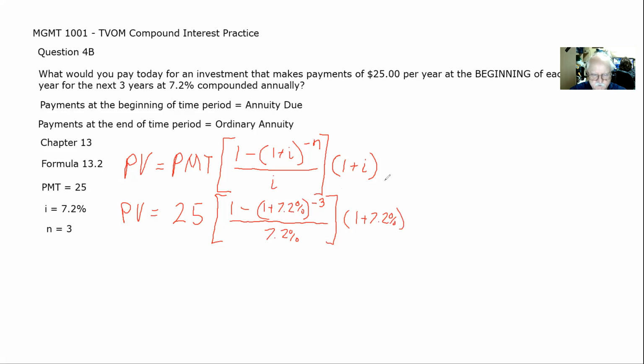So let's figure out how to get that into our calculator. Let's see what we're going to have to plug in here.